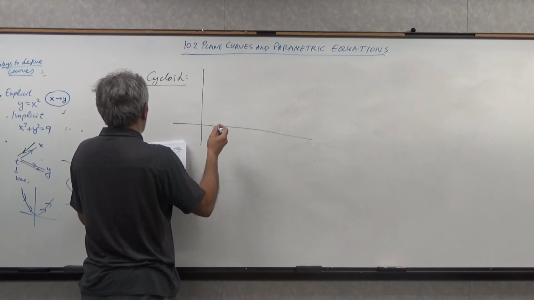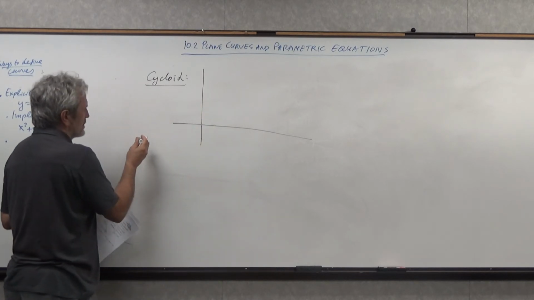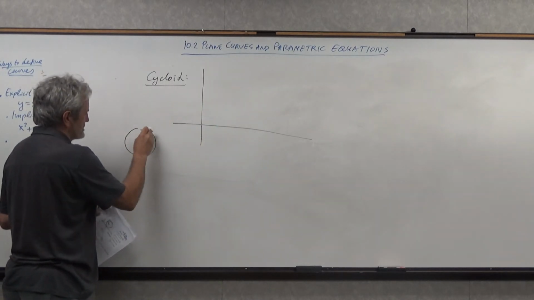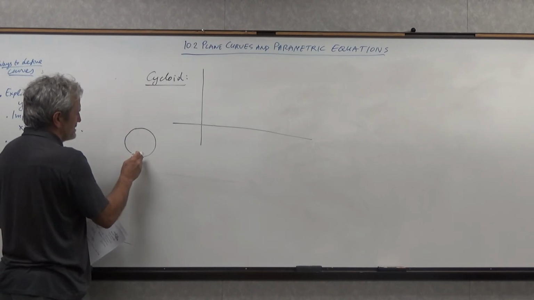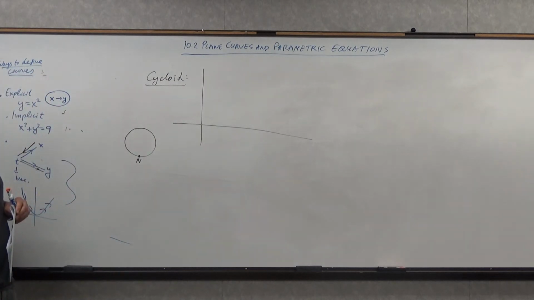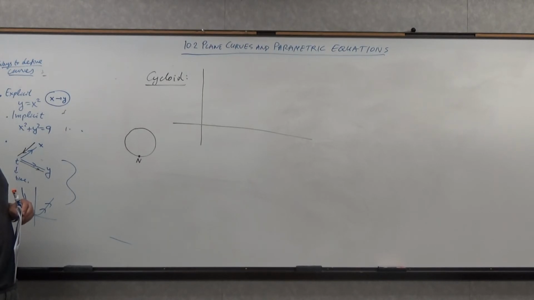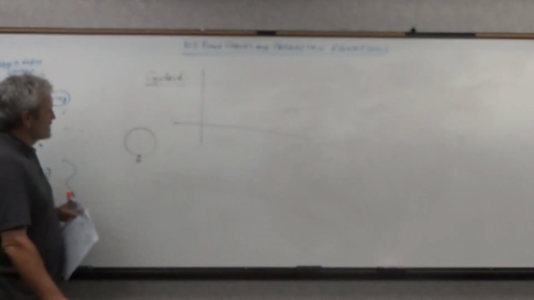So we have the whole story starts with a circle. So imagine a lucky event that you get a nail in your tire. Here's the nail. And then what happens with that nail while you are driving the car?